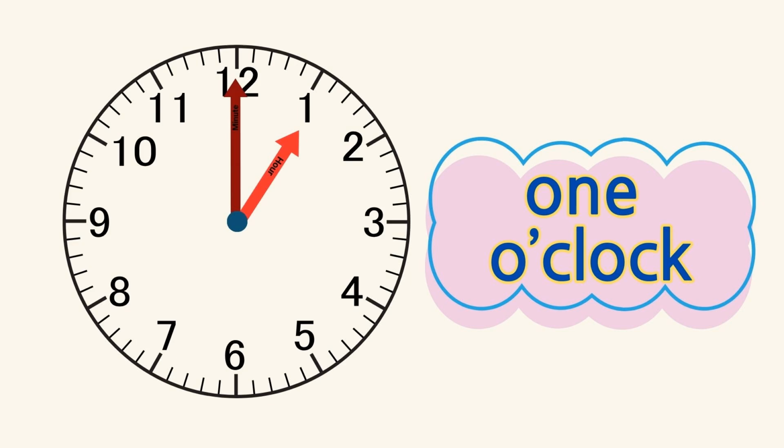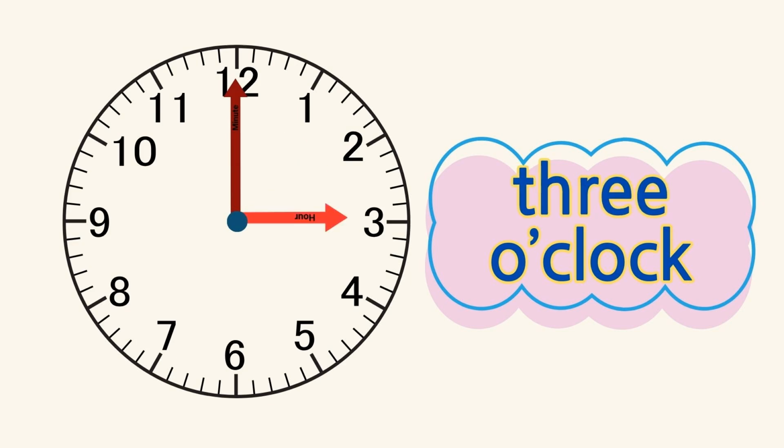The long hand is always on 12. If the short hand is on 1, it's 1 o'clock. If the short hand is on 2, it's 2 o'clock. If the short hand is on 3, it's 3 o'clock.